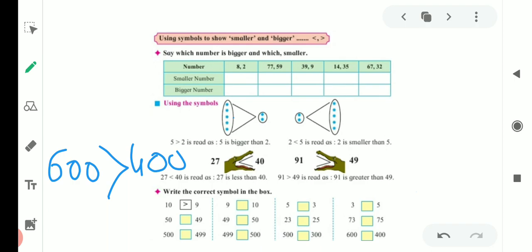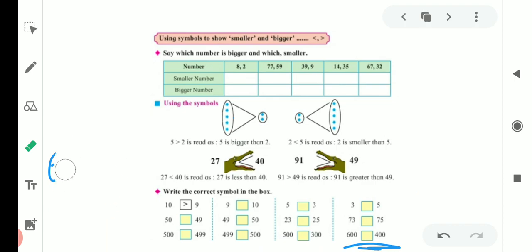So this sign will come over here. Okay. Did you get it? Understood? How we have to apply the signs according to the numbers, how we have to identify whether the number is greater or smaller, and accordingly put the signs in the boxes.